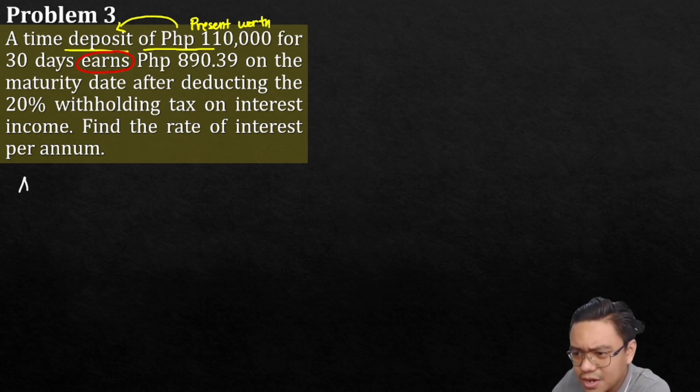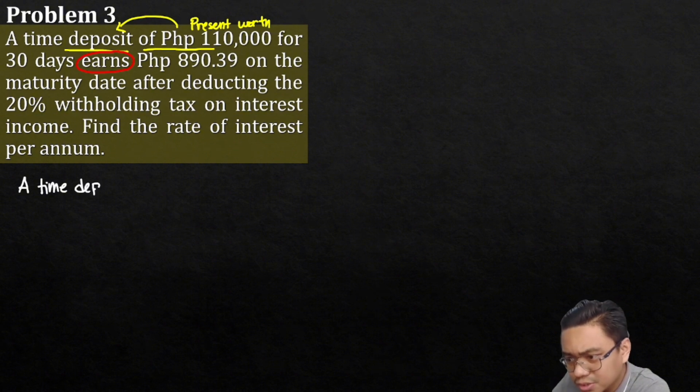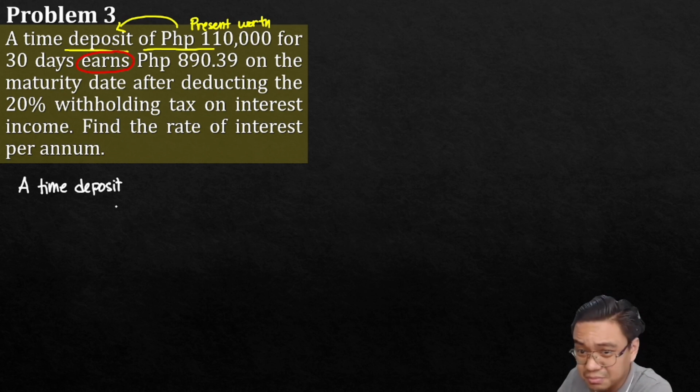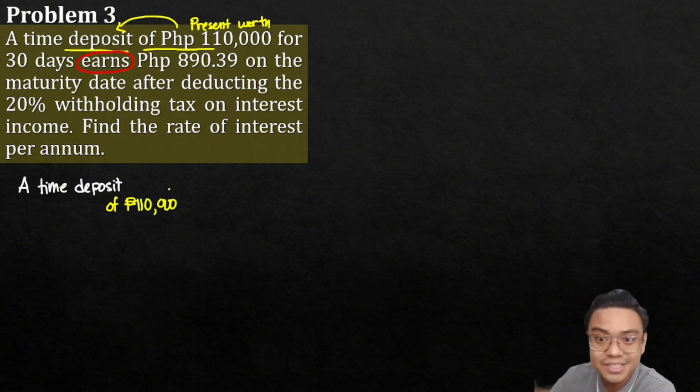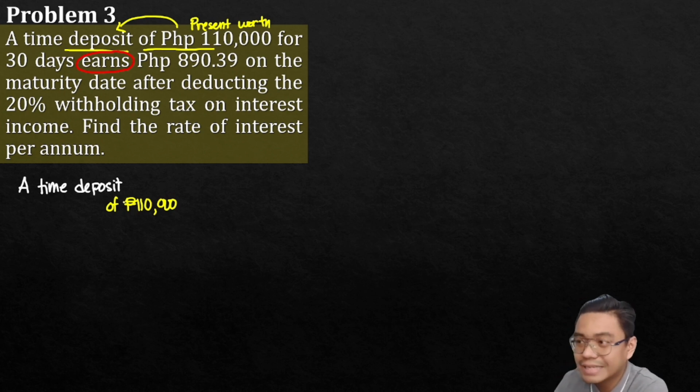So, you have here a time deposit. Basically, this is your subject. Meron siyang sinabi dito, there's a connector word here, of. So, of 110,000 pesos. So, it describes the deposit.